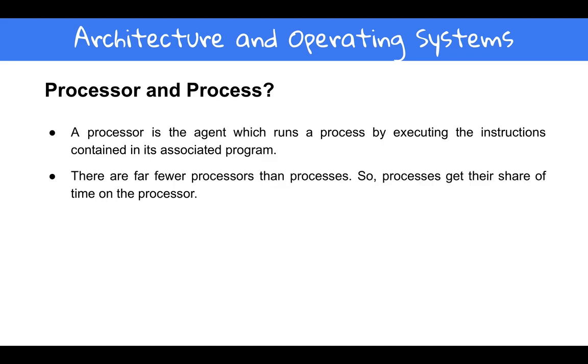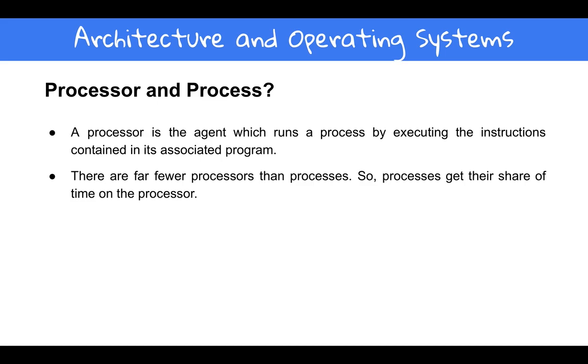Even in very fast machines and supercomputers, we have fewer processors than processes. Because of this, processes get their share of time on the processor. It means that each process has a certain amount of time that it can use the processor.